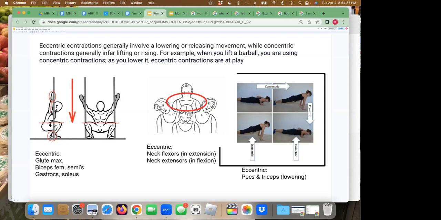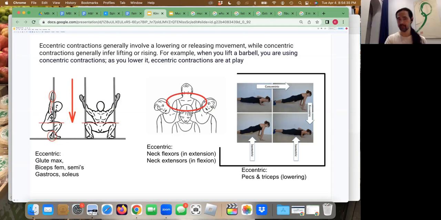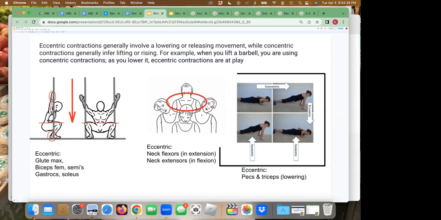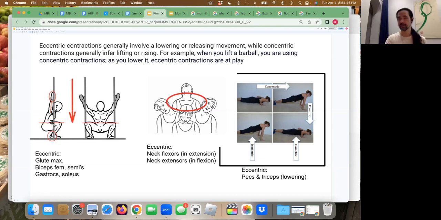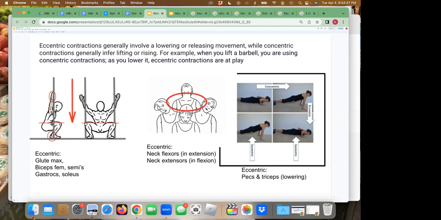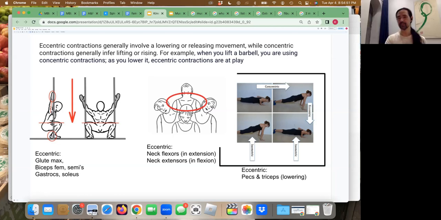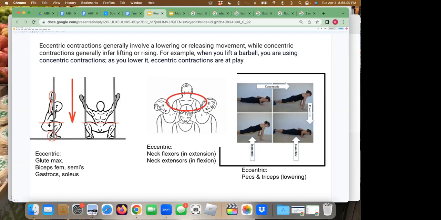Shortening. Okay, yes, they are. It's fine to make a mistake as long as you learn. So they are shortening. And if they're shortening, would that mean that they're contracting eccentrically or concentrically? Concentrically, that's right. And would they therefore be an agonist or an antagonist? Agonist, that's right.